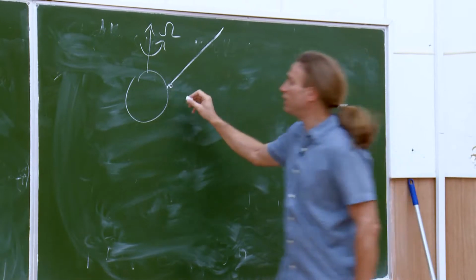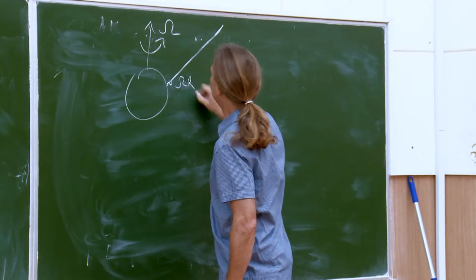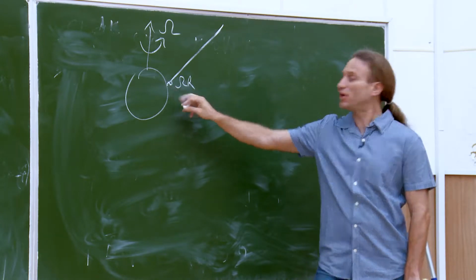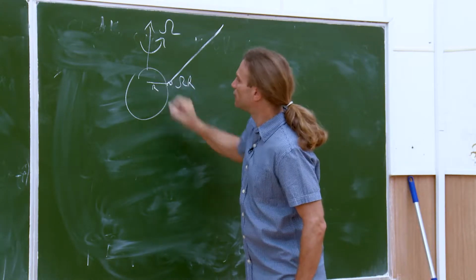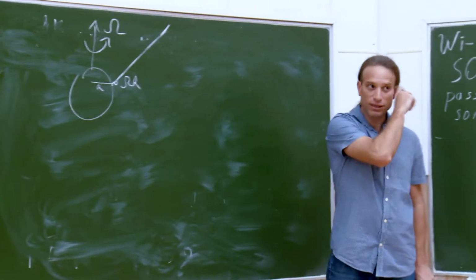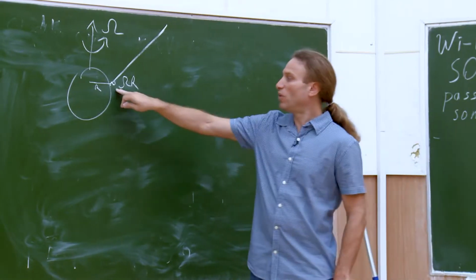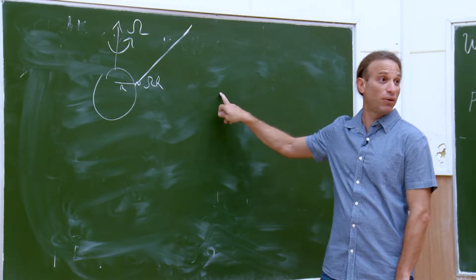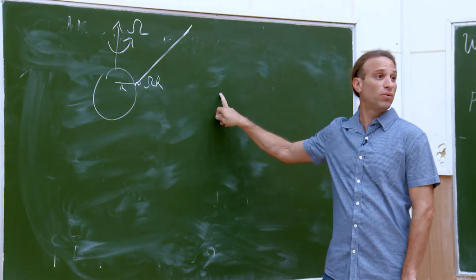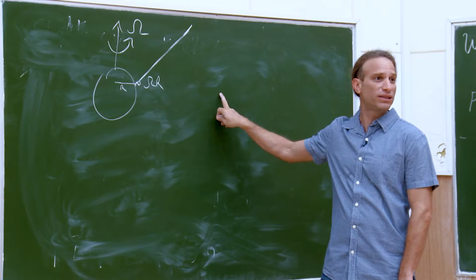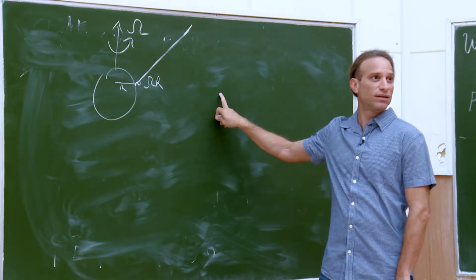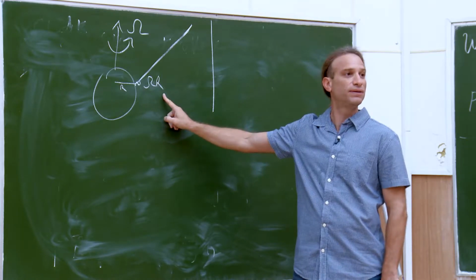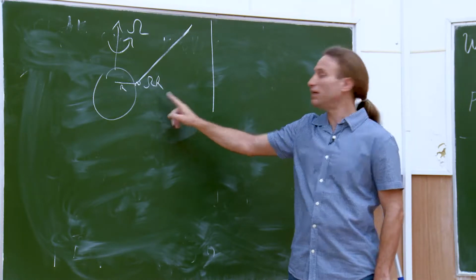The velocity is omega r, into the board, where r is the cylindrical radius. So when r is increasing, the velocity is also increasing linearly with r, until what radius? Until a radius in which omega r is equal to c.